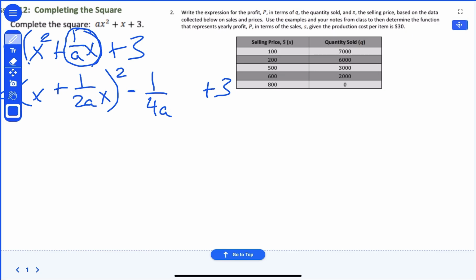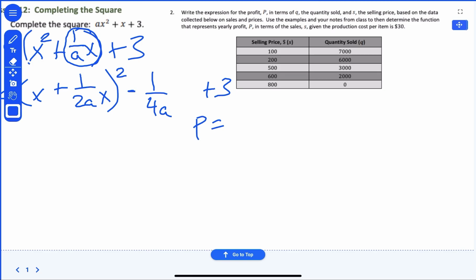Okay? So how are we going to come up with P? P is equal to what? How can we come up with an equation to tell us how much profit we're going to make? We already know how much it costs, right? What does it cost to make them?